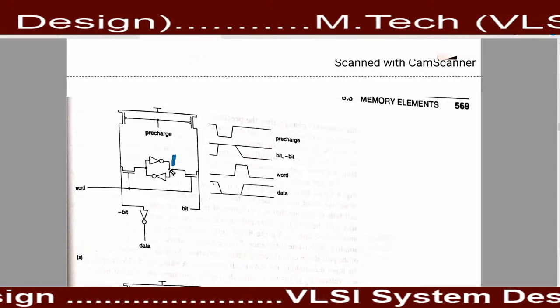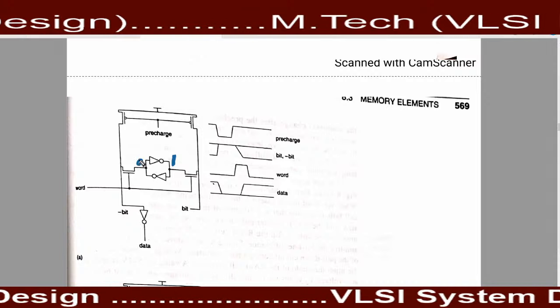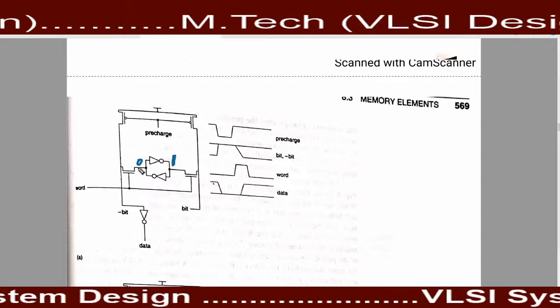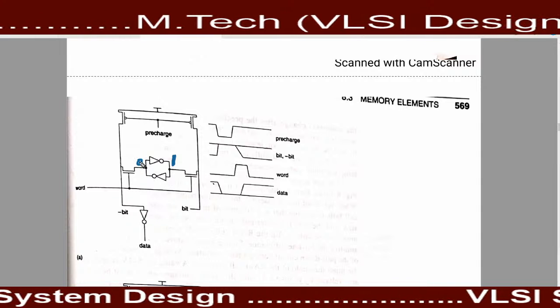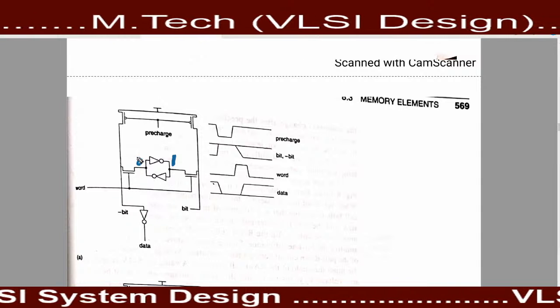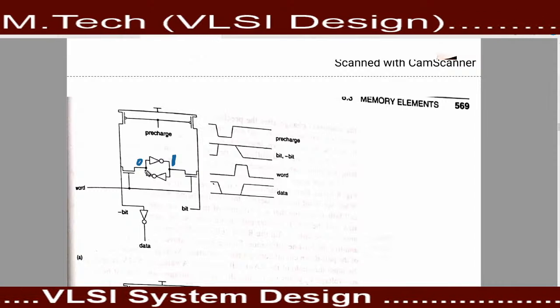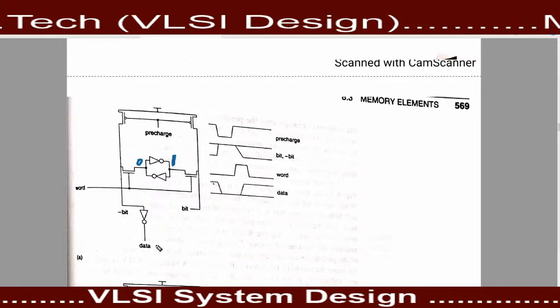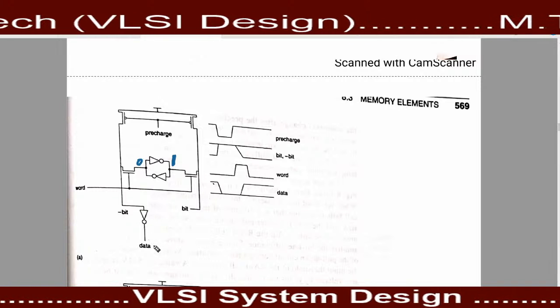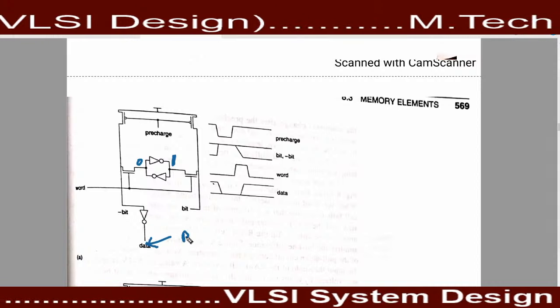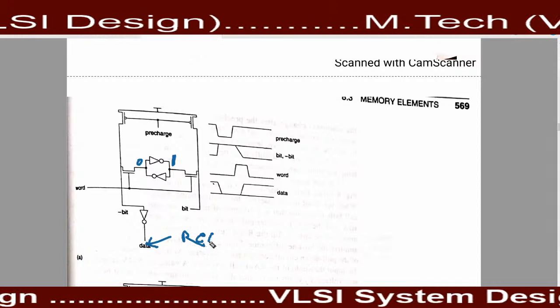So if one is stored here, because of this inverter, a 0 bit is present here, and I want to access this 0 bit, I want to read this 0 bit. So in which port can we read? We read this data from this data port.